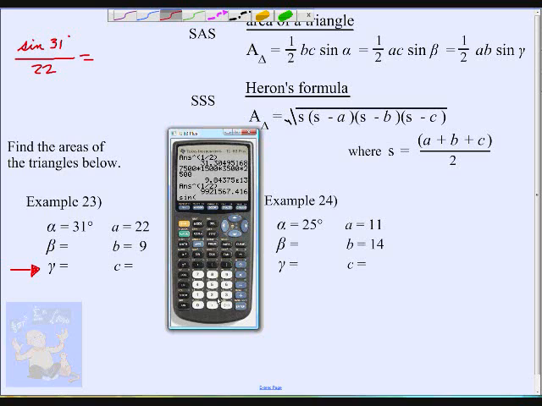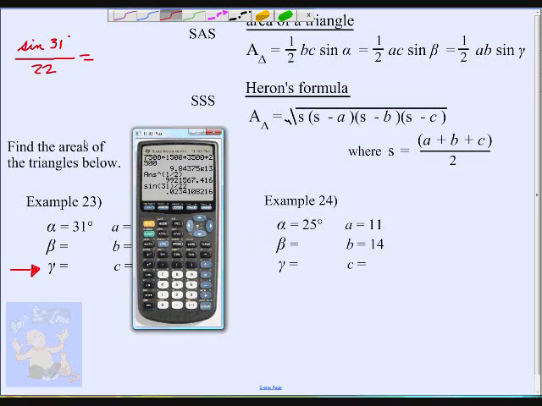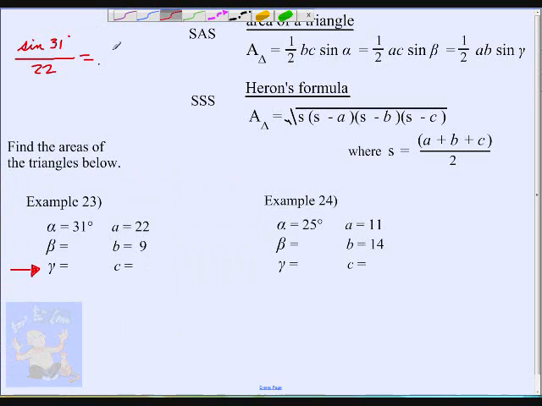So sine of 31 divided by 22 gives us a ratio 0.02341. I can figure out what my beta is with sine beta over 9, which is going to equal this ratio.